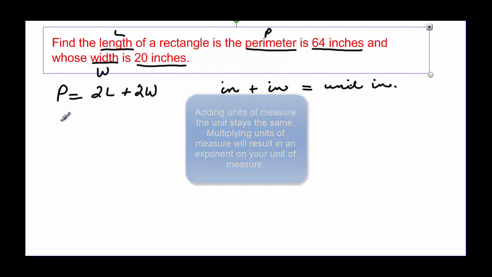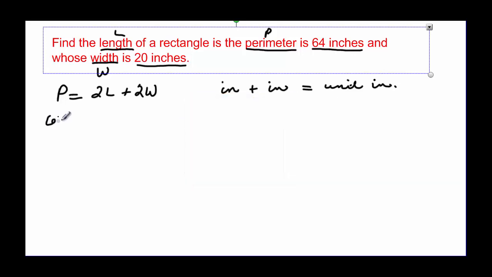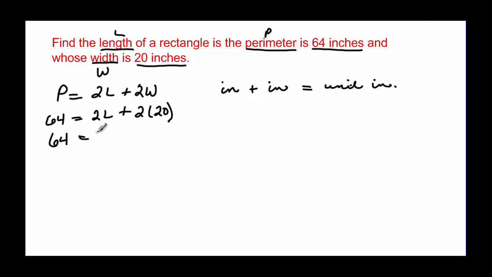So we have P, 64, is equal to 2 times the length. Well, length is what we're going to be solving for, plus 2 times the width, which happens to be 20. So there's our equation, and we have one variable, so that's nice. And if we keep going then, 64, expanding this out, would be 2L plus 40.